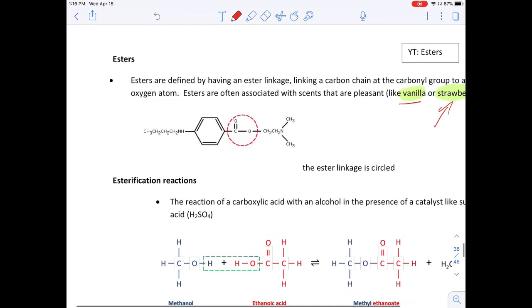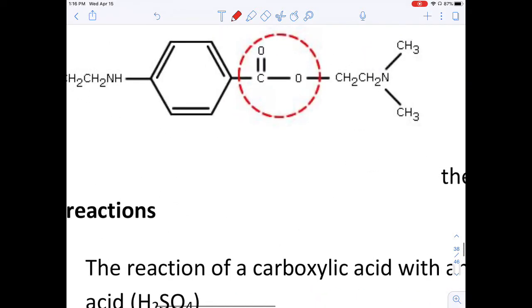So esters have an ester linkage. The ester linkage has a carbon that has a double bond to an oxygen, so that's a carbonyl, and it also has a single bond to an oxygen. So that looks a lot like when we studied carboxylic acids, but now instead of this being a hydrogen, it's going to be an oxygen that bonds to another carbon, and a chain potentially attached to that.